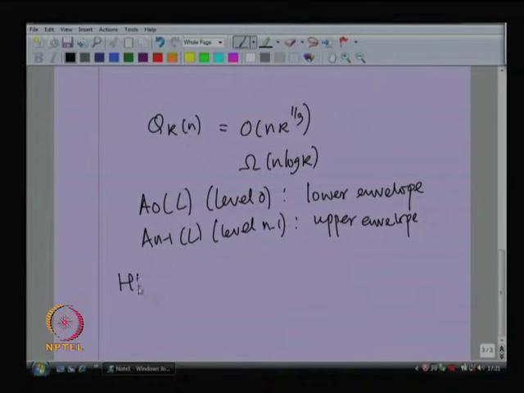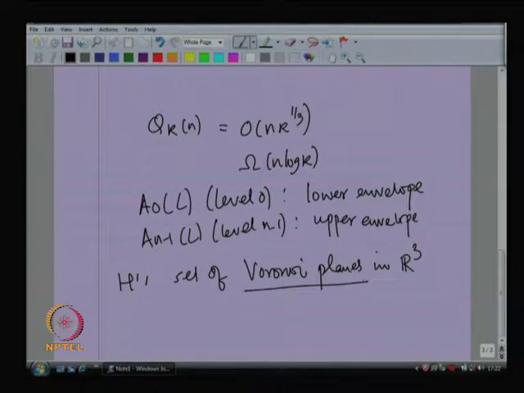So, let us call them the following. H is the set of, let us call them Voronoi planes. Voronoi planes were basically what, if you remember correctly, what we did was the following, and I will draw the picture only in 2D.